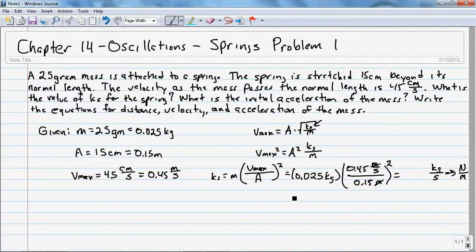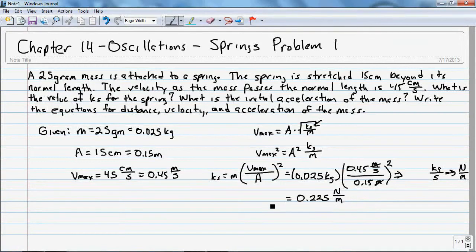Okay, so you do this calculation, and actually I should write an arrow there, we find that the K of the spring is 0.225 newtons per meter.